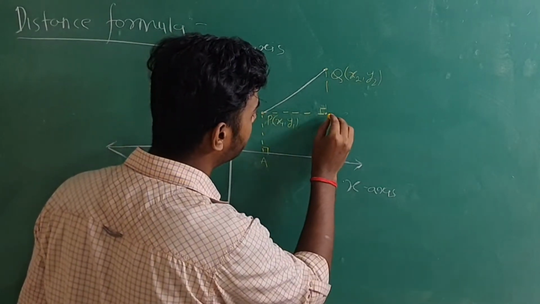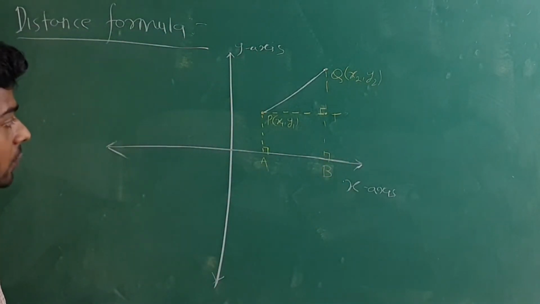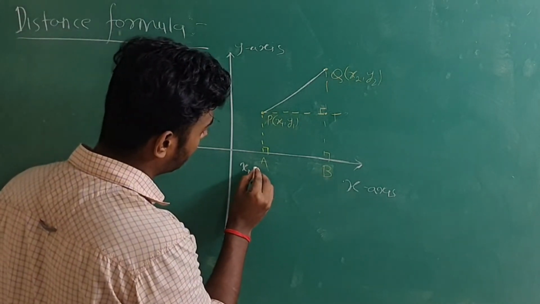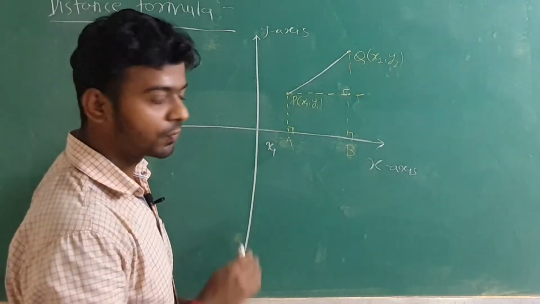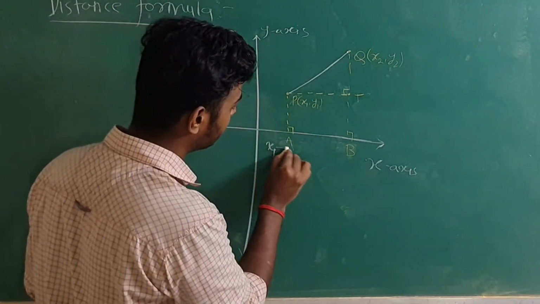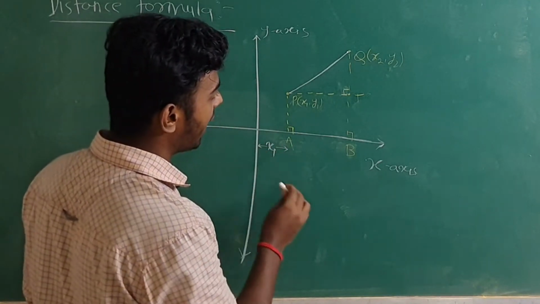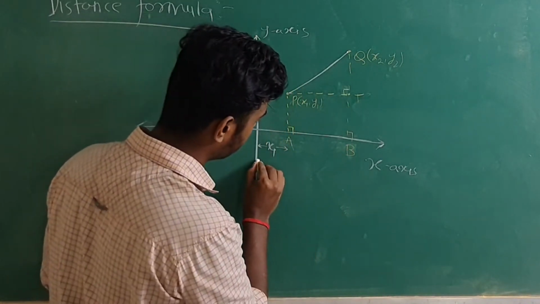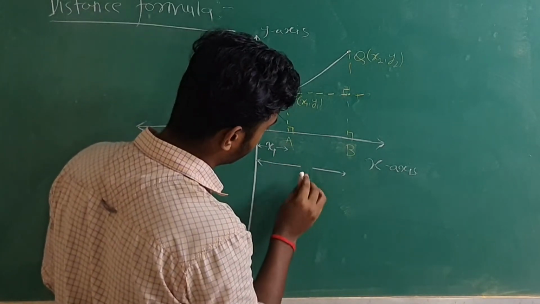Let's name this point T. Now you know that the distance of point P from the y-axis is x1 and the distance of point Q from the y-axis is x2.